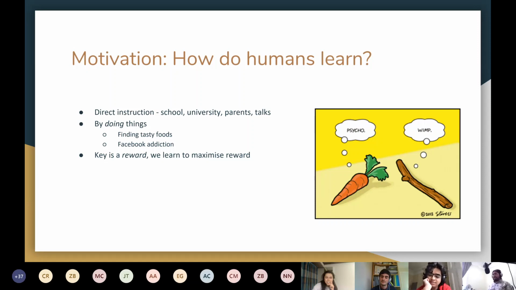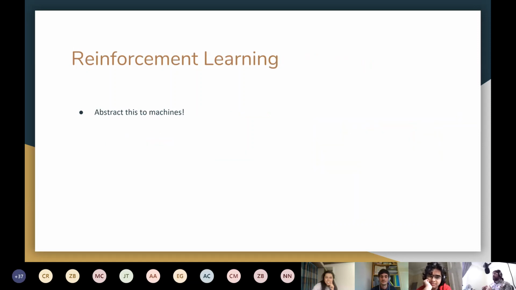The core idea of reinforcement learning is, how can we abstract this out to machines? How can we get machines that do things, get positive reinforcement for the actions we like, negative reinforcement for the actions we don't like, and learn to take more of the positive actions over time.